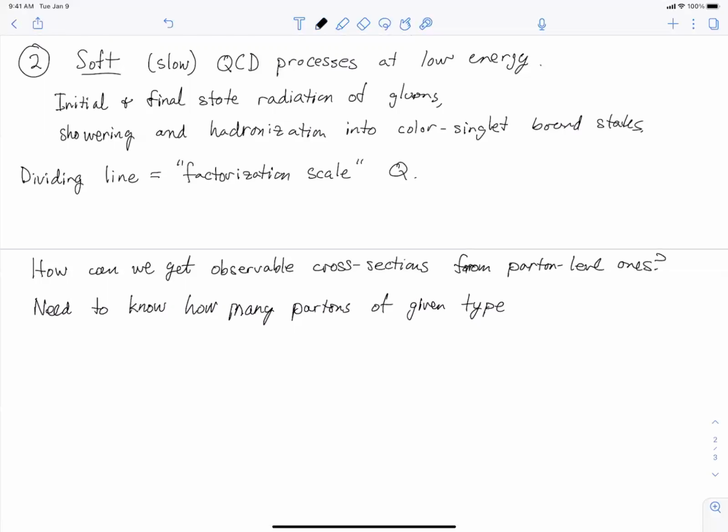Is it up or down or strange and so on? So of a given type, and energy, for that matter, are present in each proton that we're scattering, or antiproton.